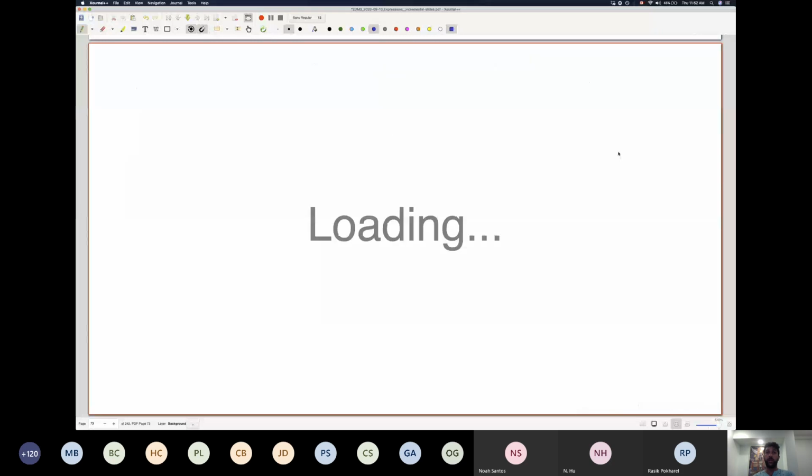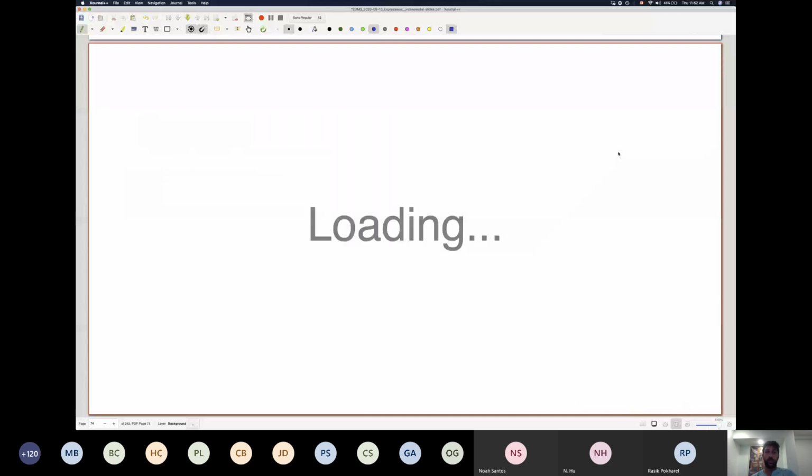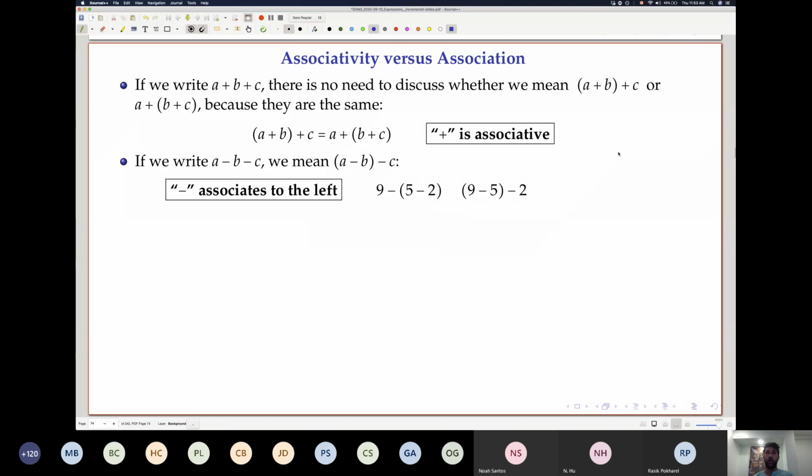And so sometimes, depending on the convention, we might want them to associate to the left or associate to the right. Because of the cultural convention, subtraction almost always associates to the left. In contrast, we're going to use implication in this class, and implication associates to the right.